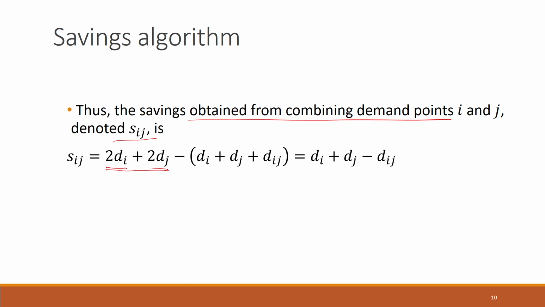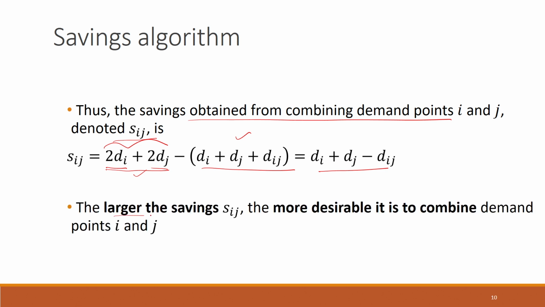Similarly, the second vehicle separately goes to point j and comes back, travelling 2 dj. This is the total distance travelled by the two vehicles serving each point separately, and then this is the distance travelled when a single vehicle goes to point i, then to point j, and then comes back to the depot node. Therefore, the saving is equal to di plus dj minus dij, because this length is hopefully smaller than this one.